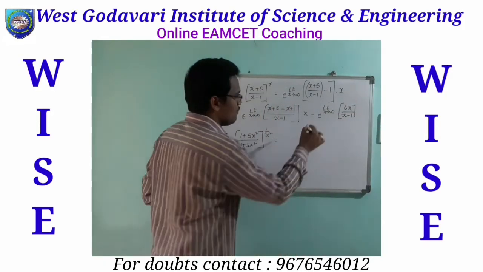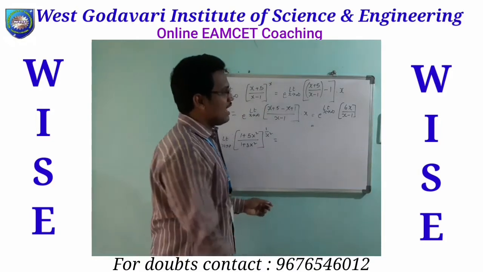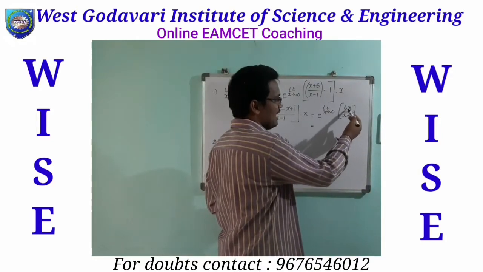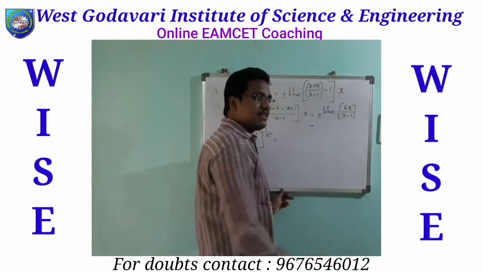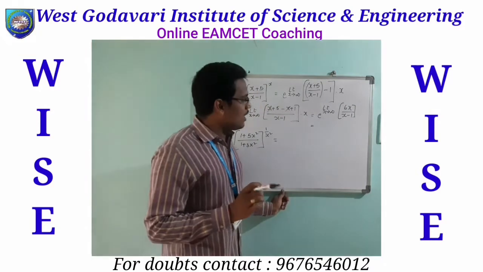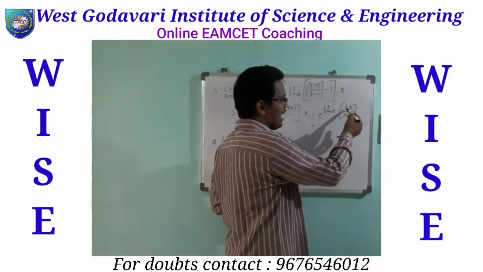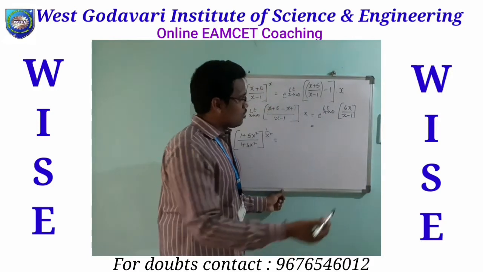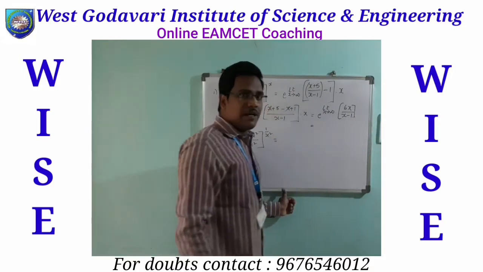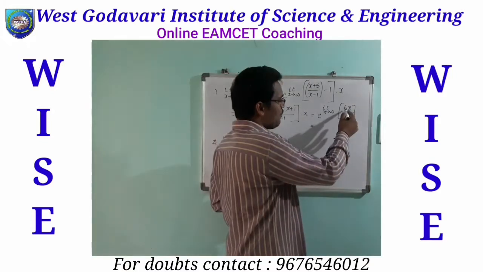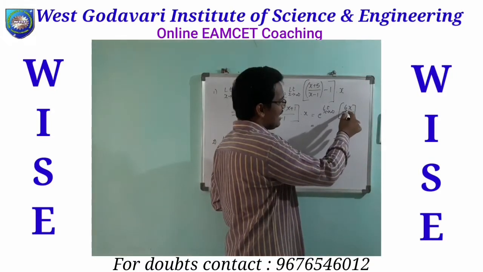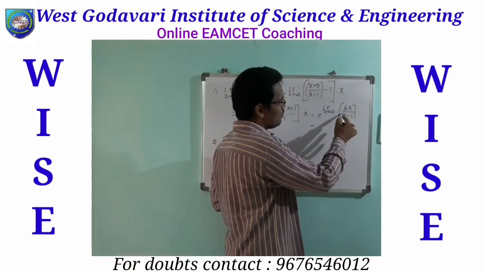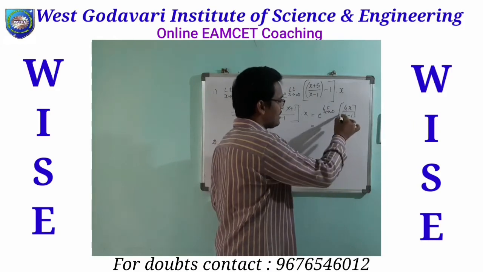Now we have to simplify. Here the numerator has x and the denominator also has x. Just compare the coefficient of x in the numerator and the coefficient of x in the denominator. The coefficient of x in the numerator is 6, and in the denominator it is 1.